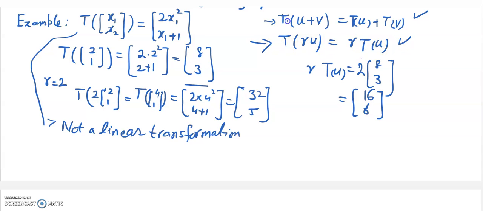Anyway, we can say that it is not a linear transformation because one of the conditions is not met.